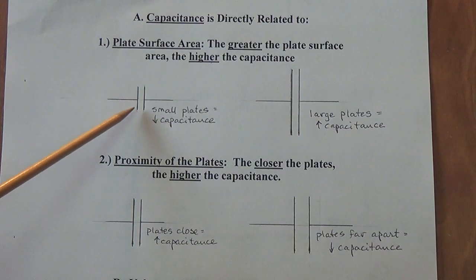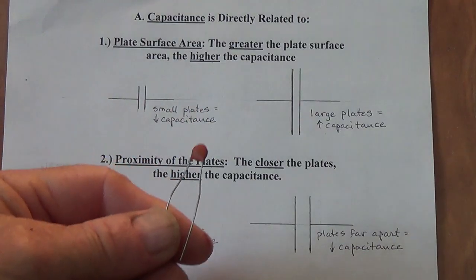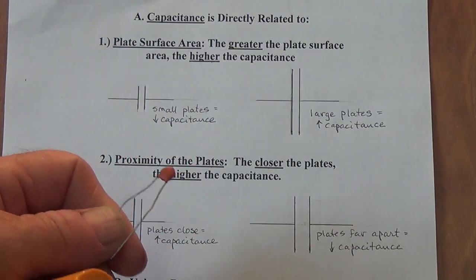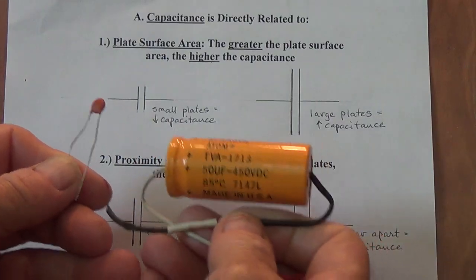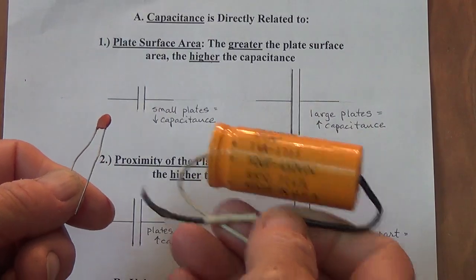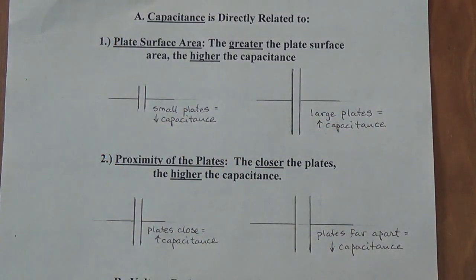A tiny little capacitor like this is not going to have anywhere near the type of plate surface area of a much larger capacitor like this. So obviously this one will have infinitely greater capacitance than this one.